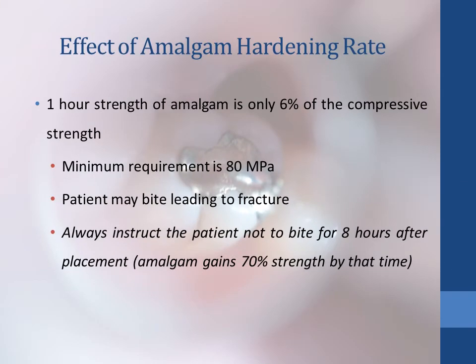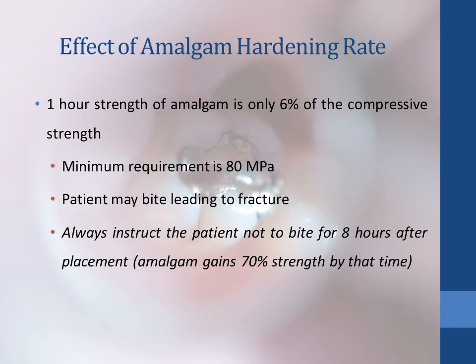So, when we talk about the strength of amalgam, we look at it at two different points. The 1 hour strength, which is only 6% of the compressive strength, and the minimum requirement is said to be 80 megapascals, and the patient is always given the instructions that at least for 1 to 2 hours he or she should not eat anything hard and not chew from that side.